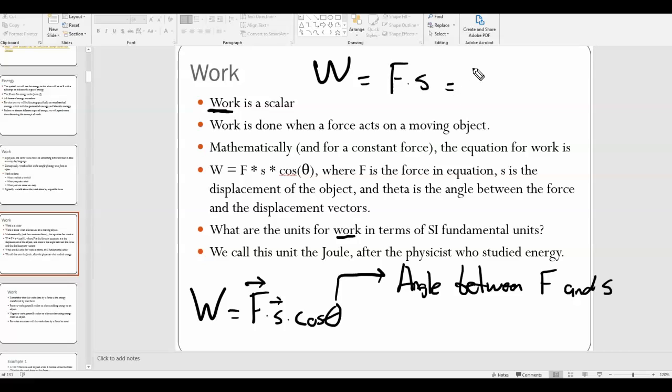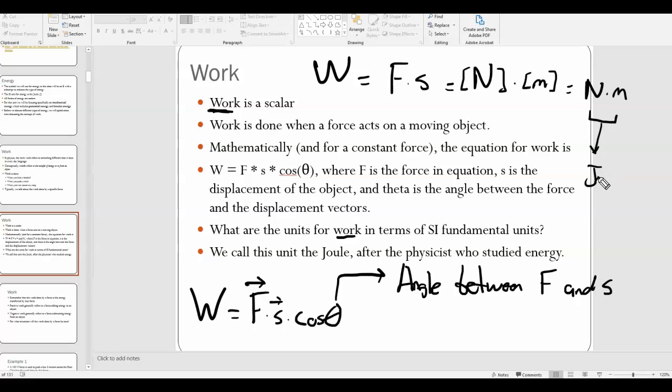Well, the units of force are newtons. The units of displacement are meters. And so the SI fundamental unit for work is just Newton meter, not newtons per meter, Newton meter. Now, for some reason, people didn't like that, and so they gave that a name.